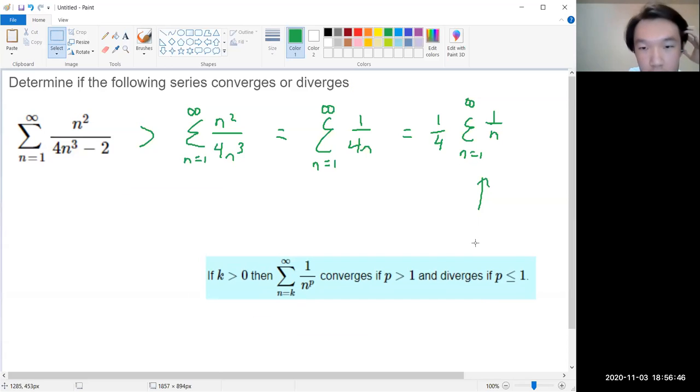So if the exponent is less than or equal to 1, it's divergent. So this last part right here is divergent. I mean, that's fine. It's just whether or not we can reach a conclusion. So this is divergent. Our original series is greater than this one, right?